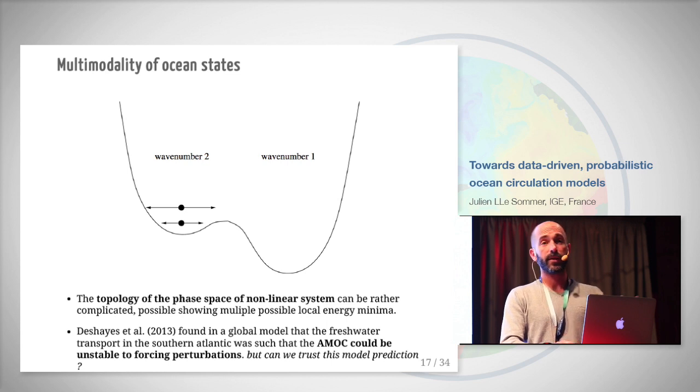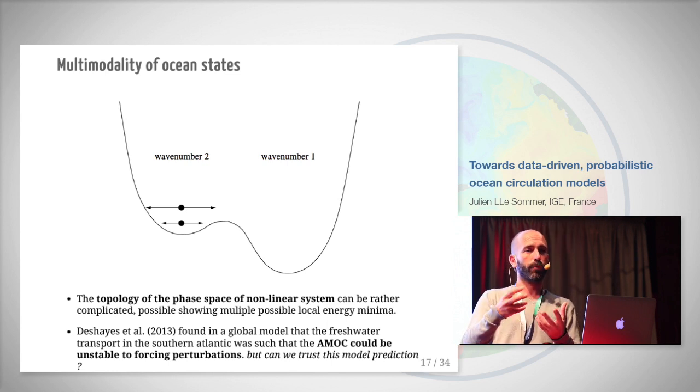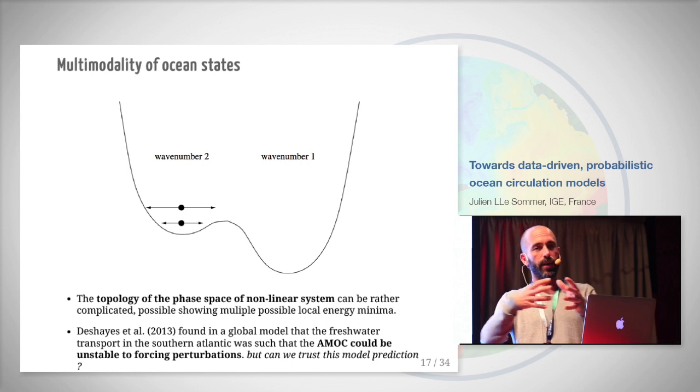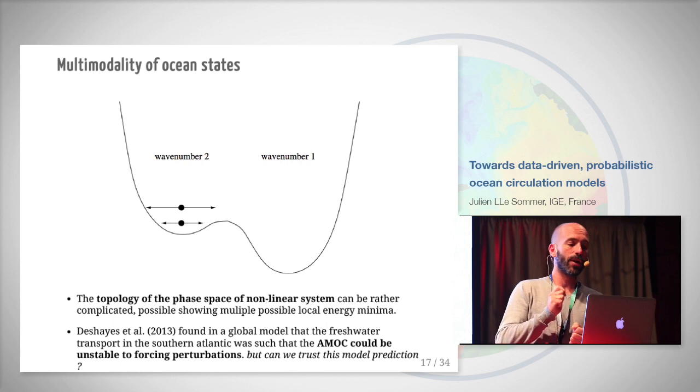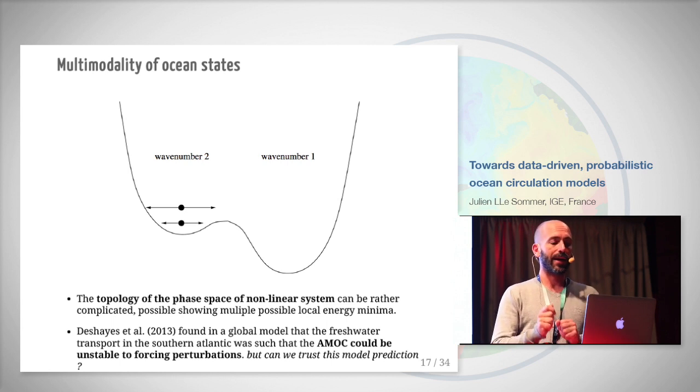If you combine theoretical works and models, you can see that there are good indications that in ocean models, as we run them right now, the MOC might be unstable to forcing perturbation and likely to lead to hysteresis kind of behavior.